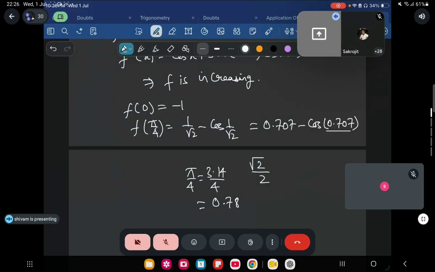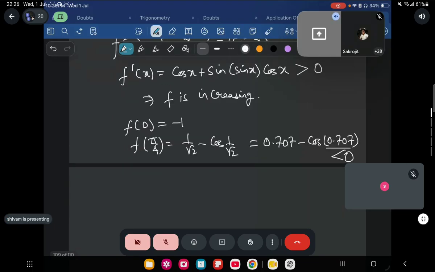Can't conclude anything. So its value will be more than 1 by root 2, and this will be less than 0. So you cannot predict anything from here also. F of pi by 4.